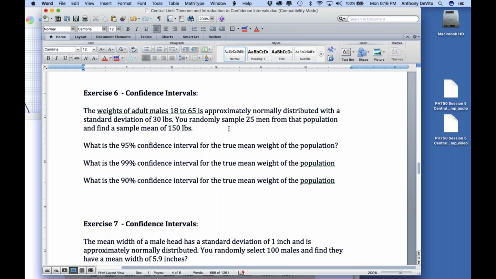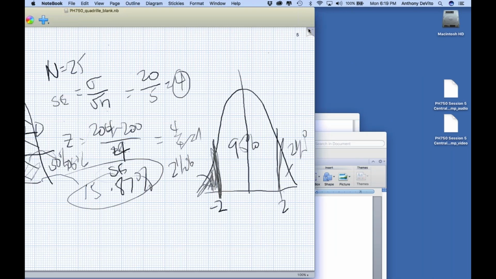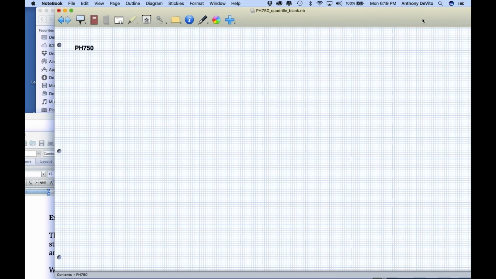Okay, let's take a look at what we got here. 150 pounds, standard deviation of 30, sample size 25. Sample mean is 150. The standard deviation for the population is equal to 30, and our sample size is equal to 25.